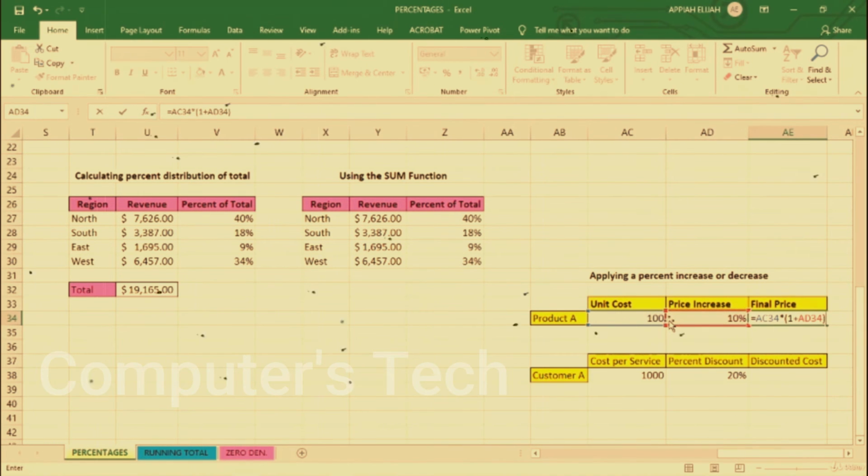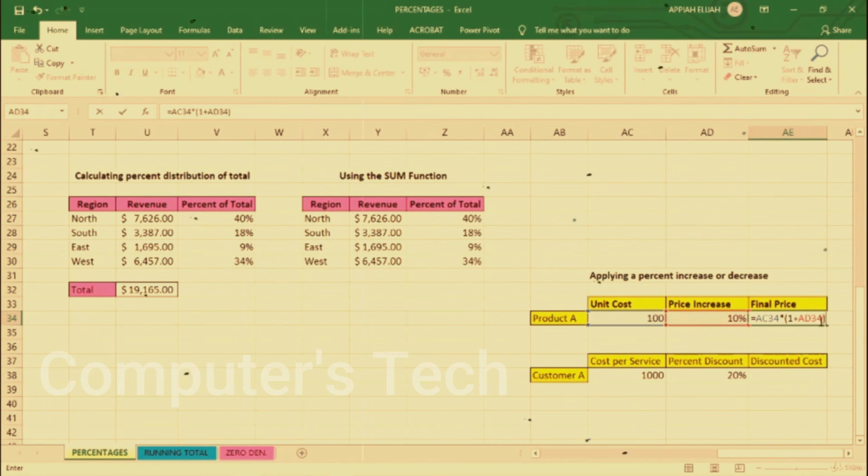Now, before we press enter, I want to explain. To increase a number by a percentage amount, you will multiply the original amount by 1 plus the percent increase. So this one here represents 100%. If you have 100%, it is 100 divided by 100, and that is equal to 1.